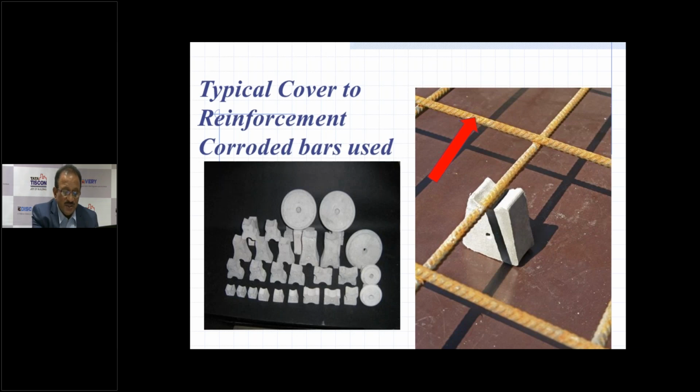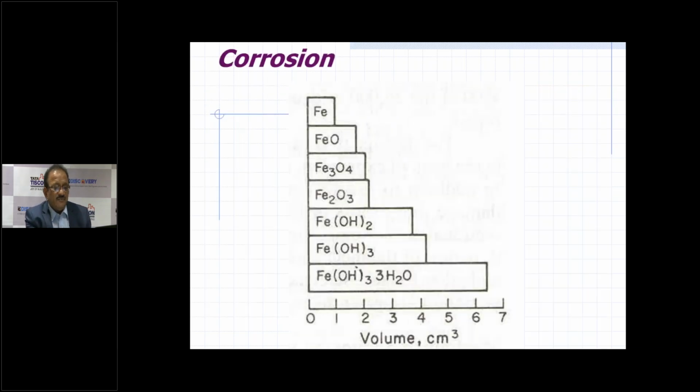In the next slide, you will see the effect of corrosion. If the original bar has, say, a volume of 1 unit, the corrosion products like FeO, Fe3O4, etc., and finally the corrosion product is Fe(OH)3·3H2O. So you can see the steel gets expanded to 6.5 times.